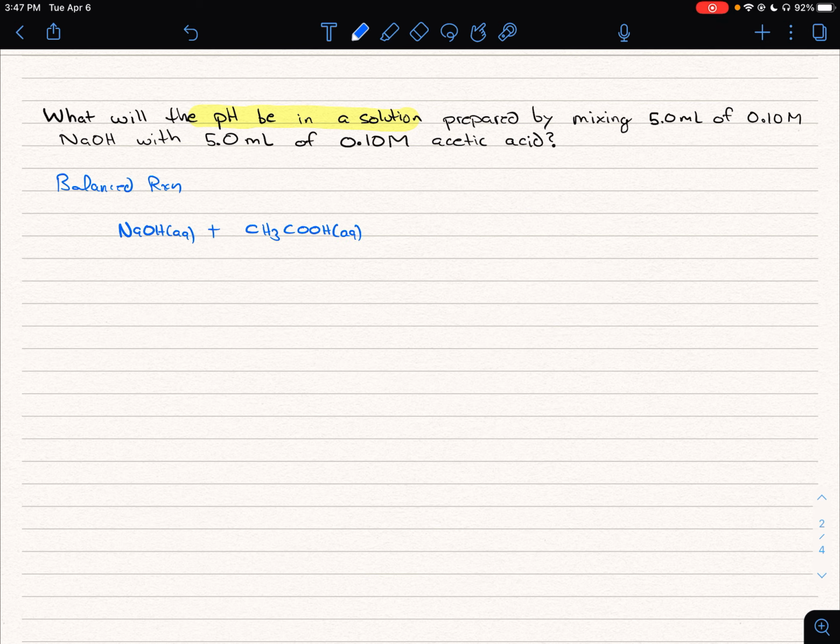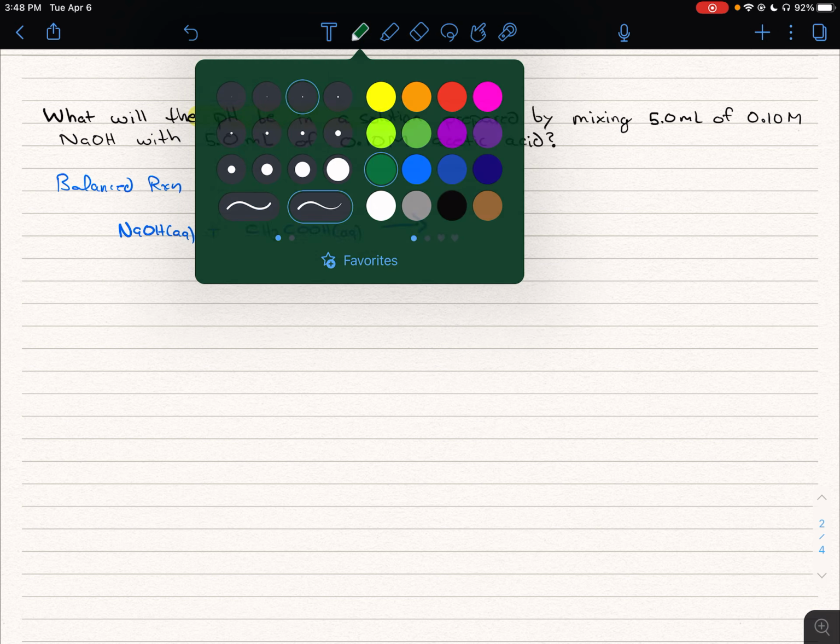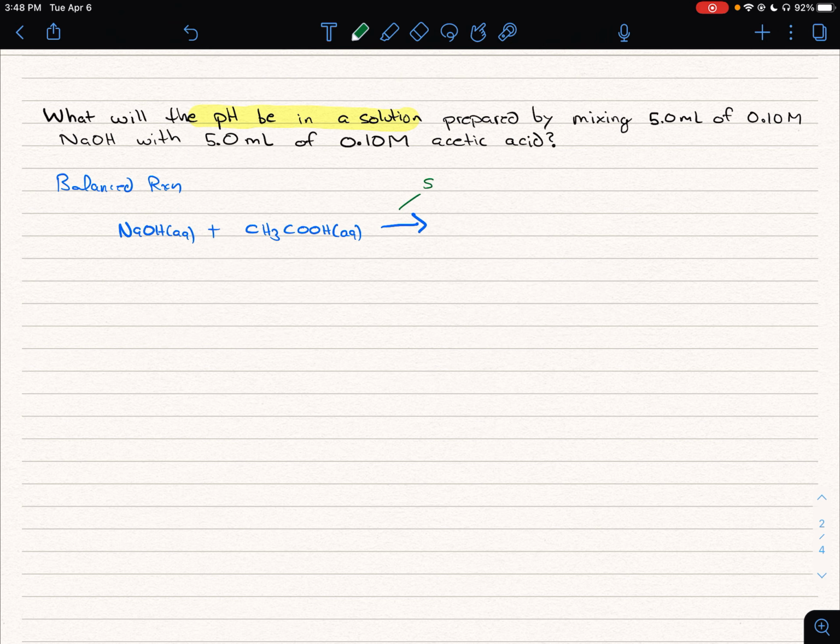Now, when I draw my reaction arrow, when we look at our reactants, acetic acid is a weak acid, but sodium hydroxide is a strong base. So once one of your reactants is a strong acid or strong base, that's telling us we're going to use a one-way reaction arrow. And so again, that's a one-way arrow because strong base is present in our reactants.